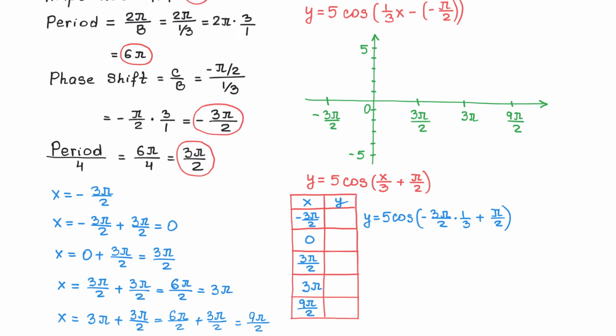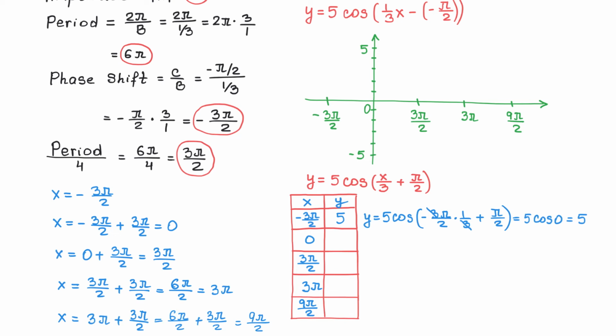As you see here, in place of x divided by 3, I wrote x multiplied by 1 over 3. Now here 3 and 3 will cancel, and negative pi over 2 plus pi over 2 is 0. Then we will have 5 multiplied by cosine of 0, and cosine of 0 is 1, and 5 times 1 is 5. And now in the table, we will write 5.